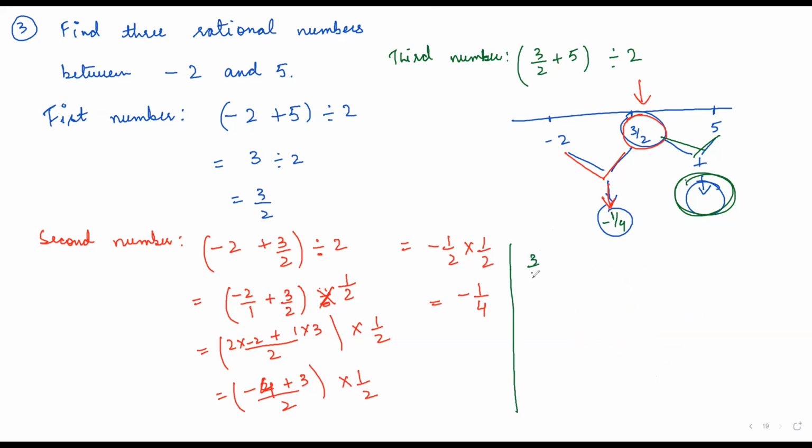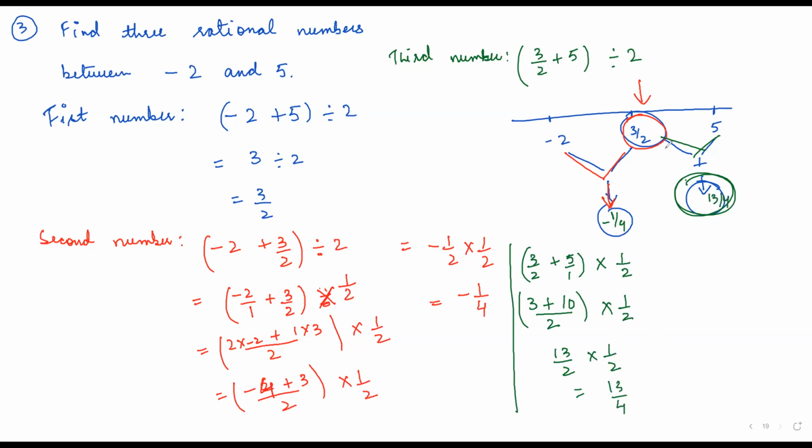So 3 by 2 plus 5 by 1, and then changing the division to multiplication, it will become 1 by 2. Now let's solve this bracket first. Take LCM 2. So 1 time it will go, so 3, plus 2 times it will go, 2 into 5 is 10, and then into 1 by 2. So this is 13 by 2 into 1 by 2, and that becomes 13 by 4.